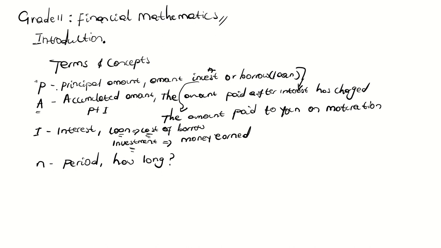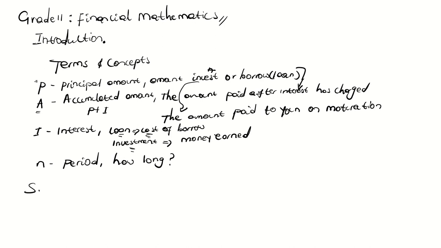Now that we have these four concepts, we can start to look at what kind of situations arise and how you earn your interest. Okay, we can look at how you earn your interest. So in terms of earning interest, you are introduced to two methods of earning interest.